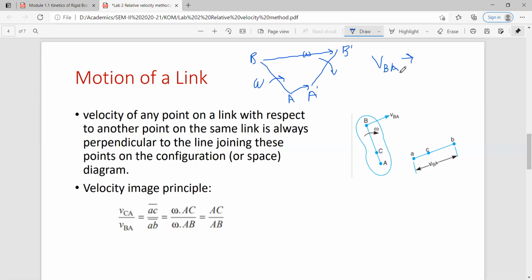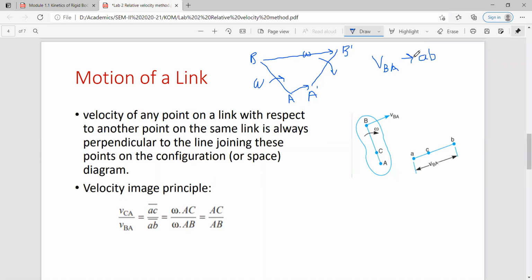What will be the name of it? How to label it? AB. Correct. So this vector will be small ab.